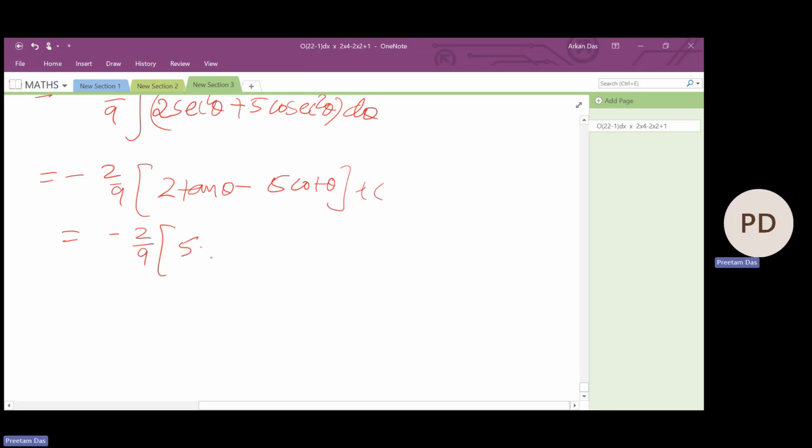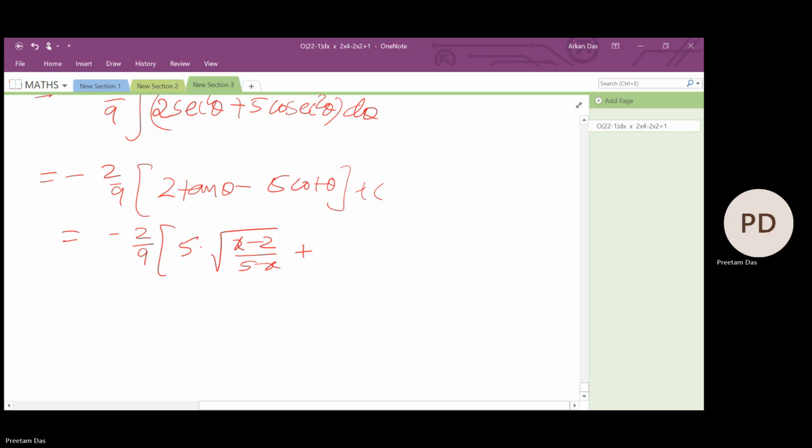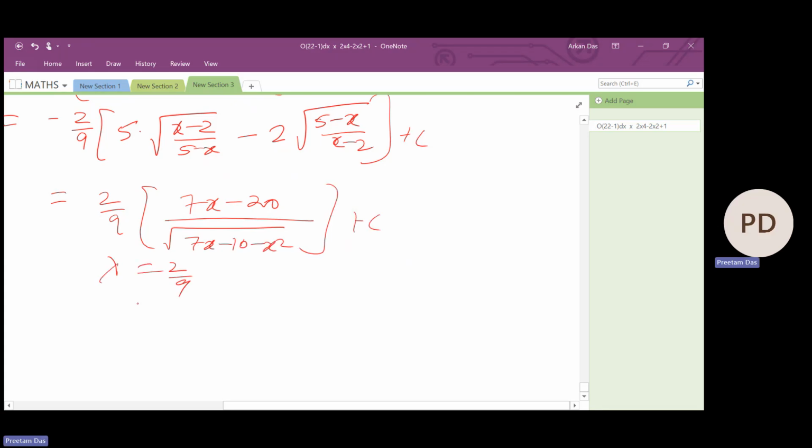Cot theta becomes x minus 2 by 5 minus x. And tan theta will be just the opposite. Simplify this to get 7x minus 20 over root of 7x minus 10 minus x square plus c. Okay. What is lambda here? 2 by 9. So what is 1800 lambda? 400.